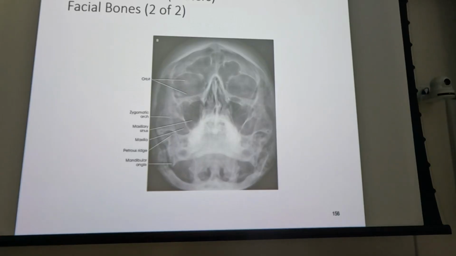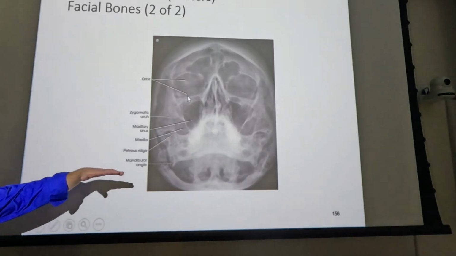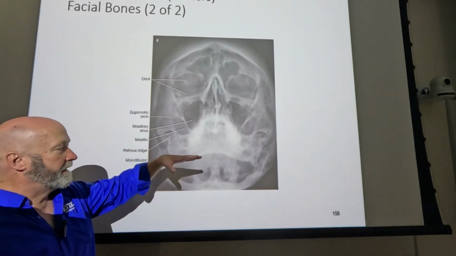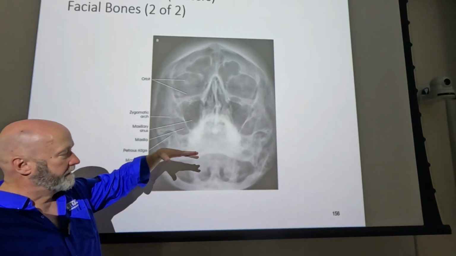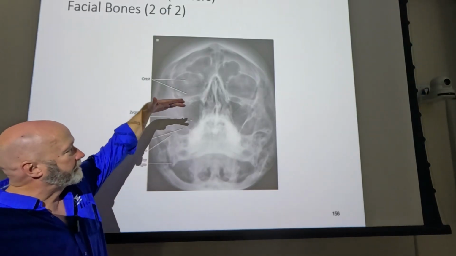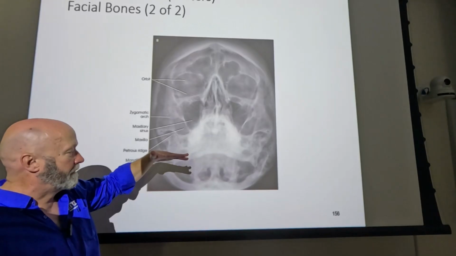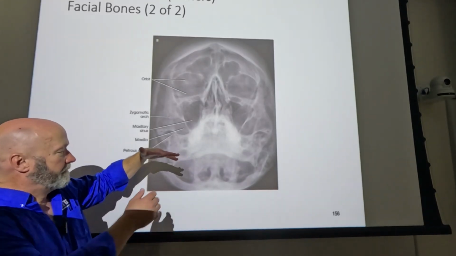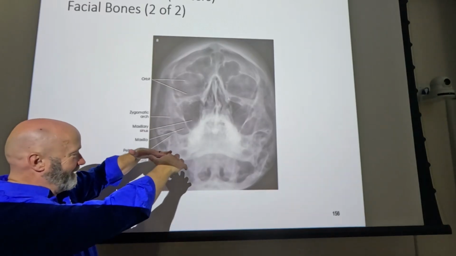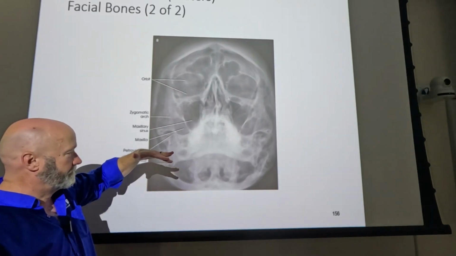Okay? Now, why might we shoot the modified Waters? Well, with the 37 Waters, the chin is back so far that, let's say we've got a blowout fracture, okay? A blowout fracture may look like, if we put the floor of the orbit, I'm trying to get my fingers right here, floor of the orbit, there we go, sort of.